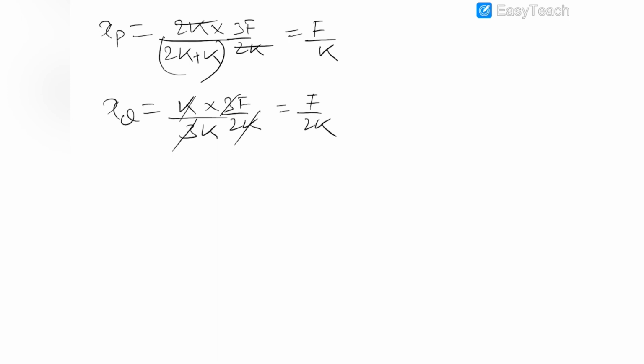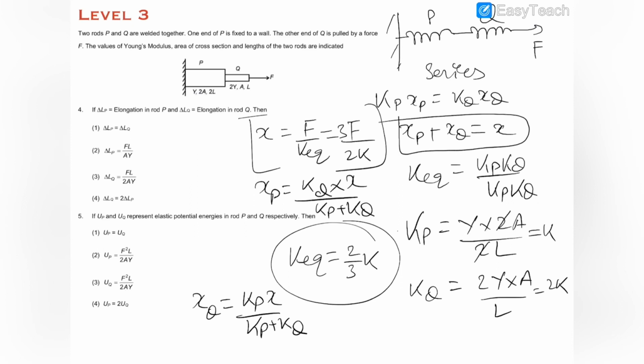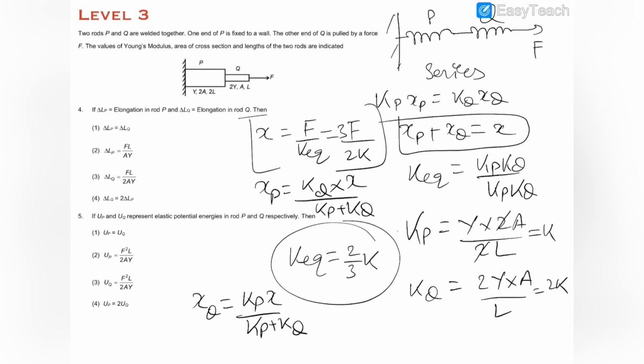And we know that K was equal to gamma A by L. So we can say that Xp is equal to F upon gamma A by L and Xq is equal to F upon 2 gamma A by L, where Xp and Xq are the extensions in the two springs. So Xp is FL by gamma A and Xq is FL by 2 gamma A. Okay, so the correct answers are option number 2 and 3.